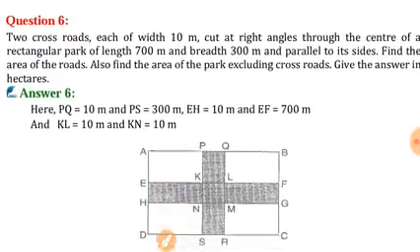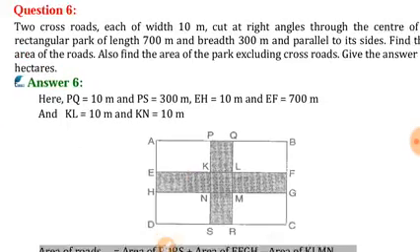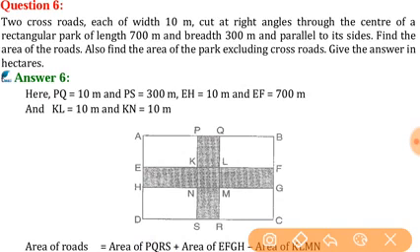Now the sixth one, 2 crossroads. Here 2 crossroads of width 10 meter are cut at right angles through the center of a rectangular park of length 700 meter.